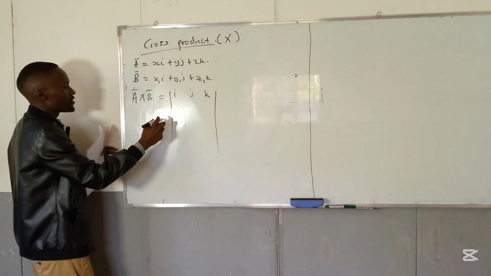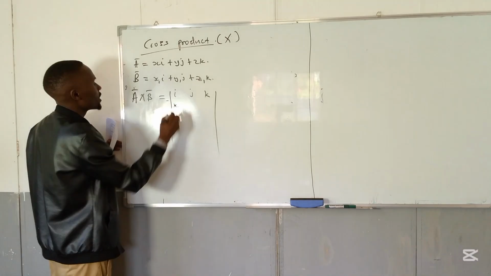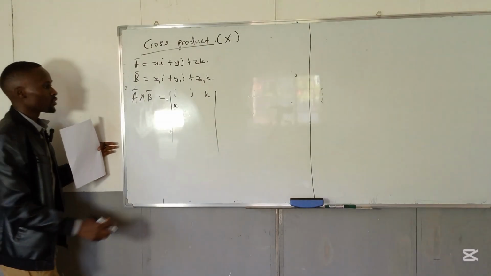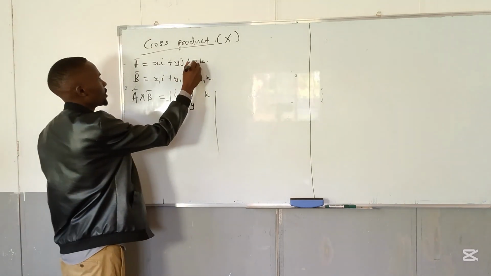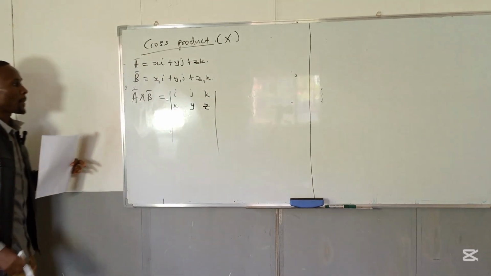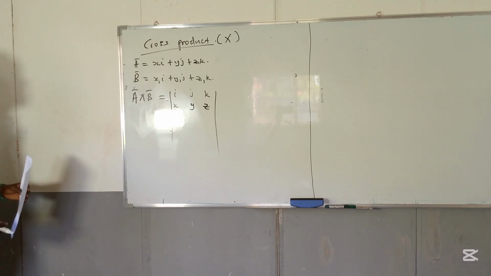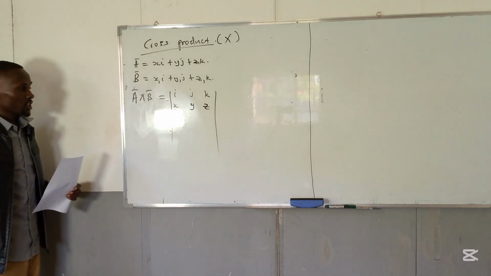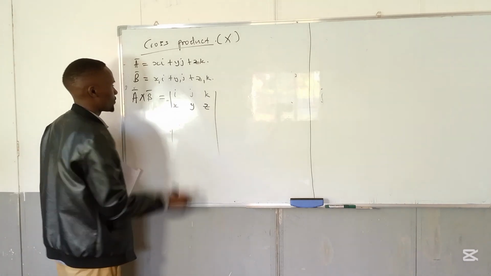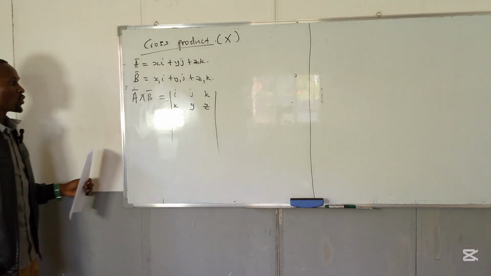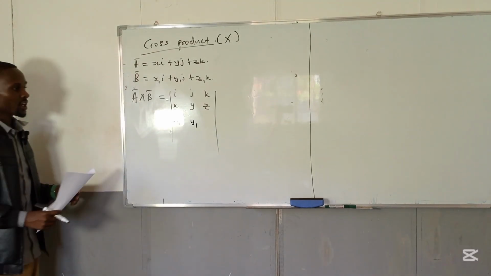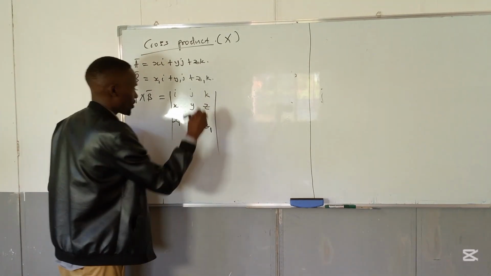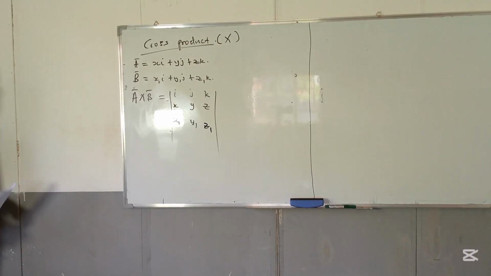In the I direction we have x, in the J direction we have y, in the K direction we have z. Then for vector B, in the I direction we have x1, in the J direction we have y1, and in the K direction we have z1.